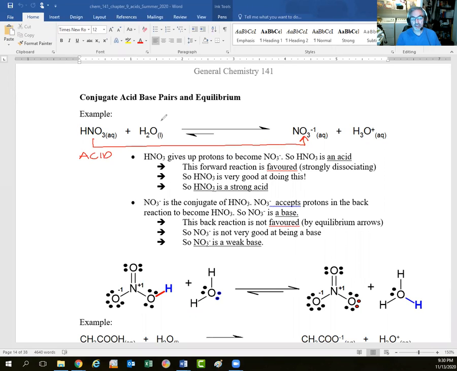And these two chemicals across the equilibrium system are related to each other because of the presence or absence of that proton. And two chemicals in a system like this, which are almost identical and only differ by the presence or absence of a proton, are often referred to as conjugate pairs.